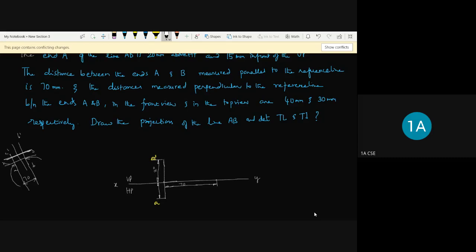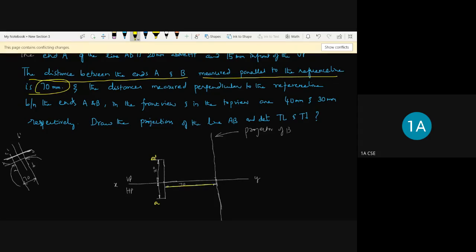So it means that B dash and B projector is here, the projector of B, at a distance of 70 mm parallel to the reference line XY. This is very important: the distance between the ends A and B measured parallel to the reference line XY is 70. So based on that, I have taken this parallel distance as 70 mm.